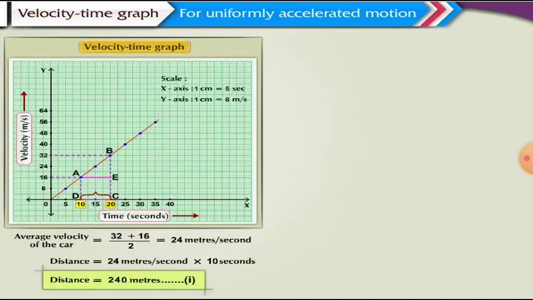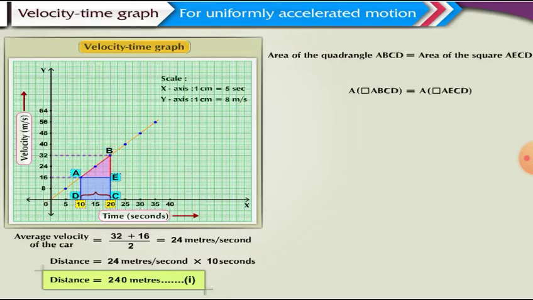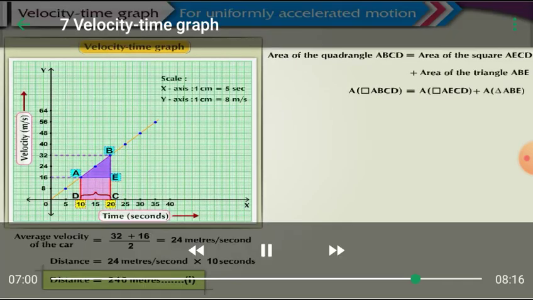Come, let us check whether the distance covered by the car is equal to the area of the quadrangle ABCD or not. The area of ABCD equals the area of the square AECD plus the area of the triangle ABE.